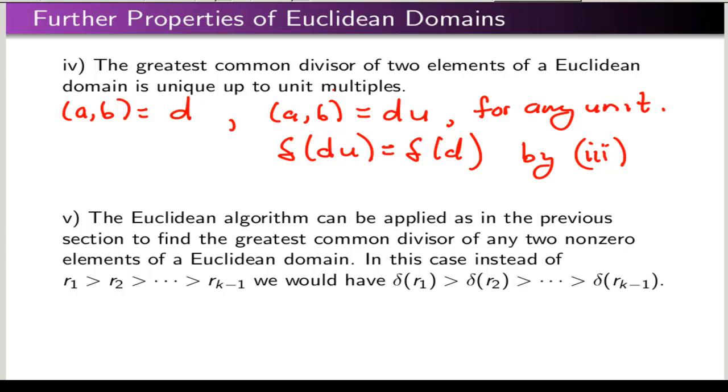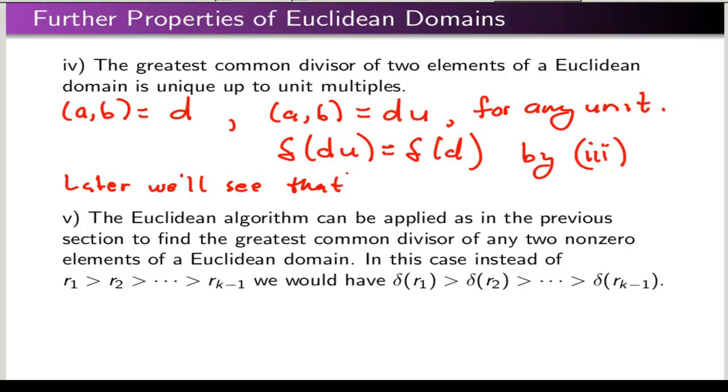The other part, that it's unique up to unit multiples, in other words, that if E was any other greatest common factor of A and B, then it must differ from D by a unit multiple. That will follow from a property we'll study later.